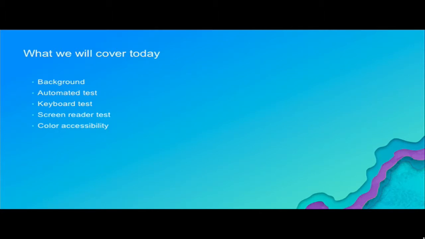So today I'm going to cover some basic background information and a simple testing workflow that I went through. That's how I learned accessibility. Hopefully you can learn a little from this process and integrate it into your design or development process. You can start small, but still make a huge difference.